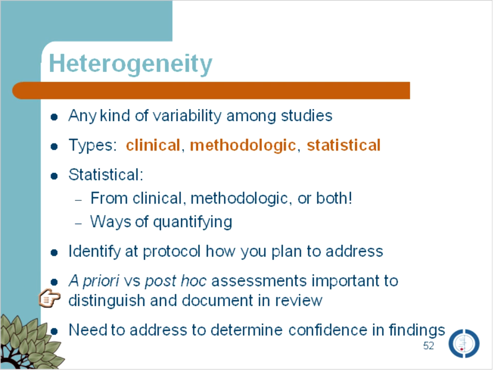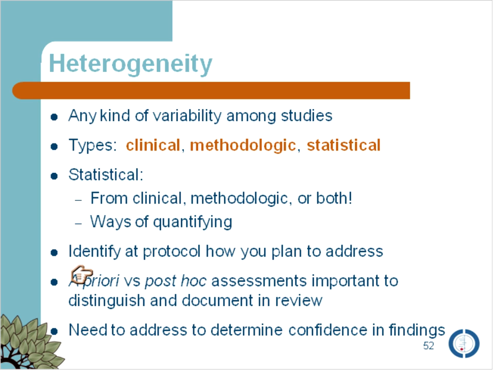It's important when you're thinking ahead, if you're way back at the protocol stage, to identify what items might cause heterogeneity, so that you can identify them in advance before you're looking at the data, and then actually investigate them as needed afterwards.